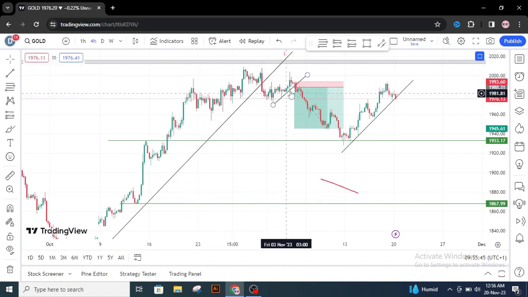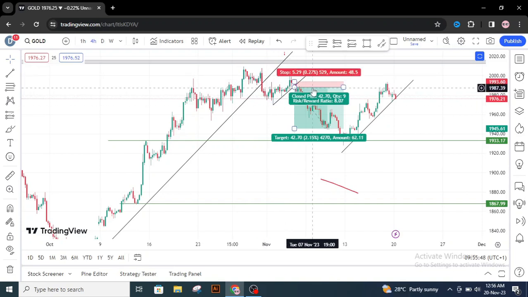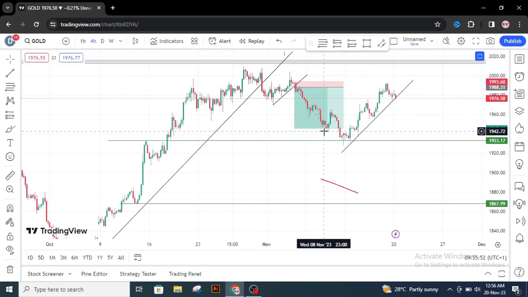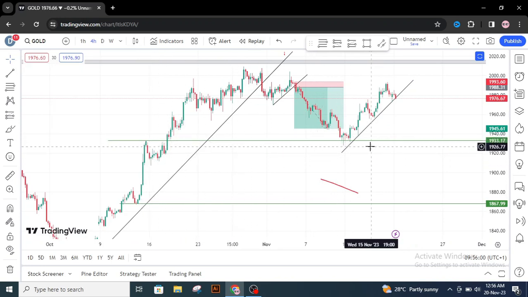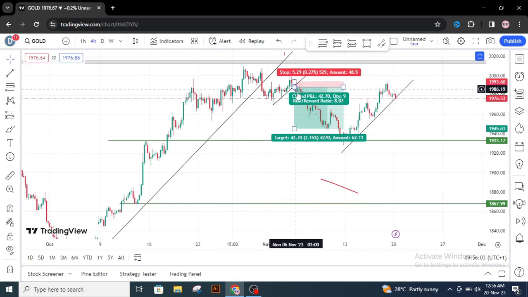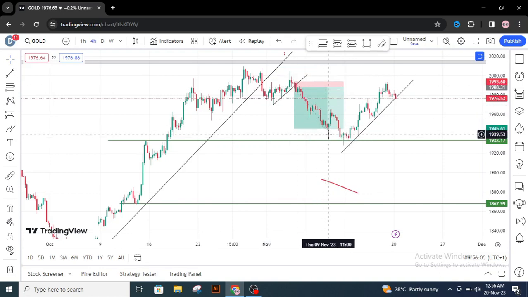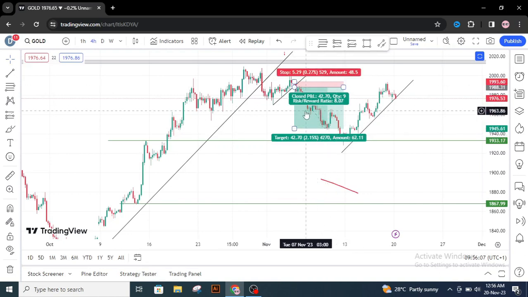So I saw the market retracing back here, so I put my trend line. As soon as the market breaks my trend line, I put my stop loss above, and I was targeting this level here. I would have put it here, but I feel this place is significant as well. So I cut all this and make about $800 on gold.